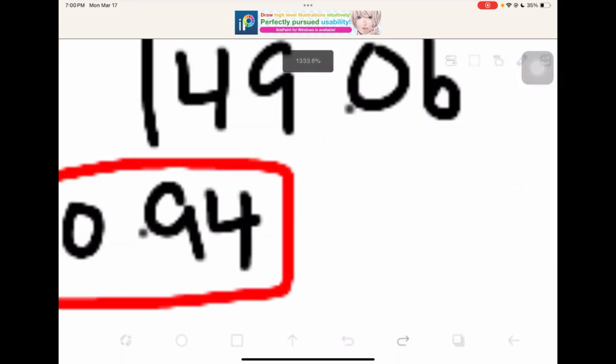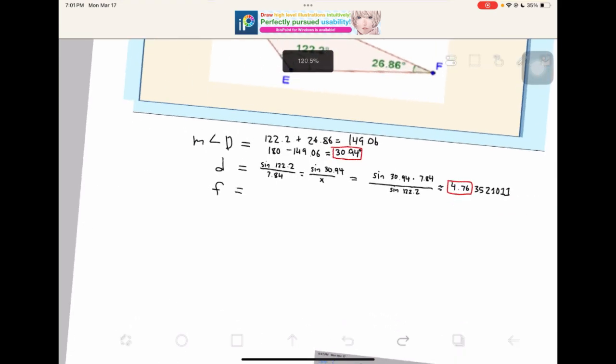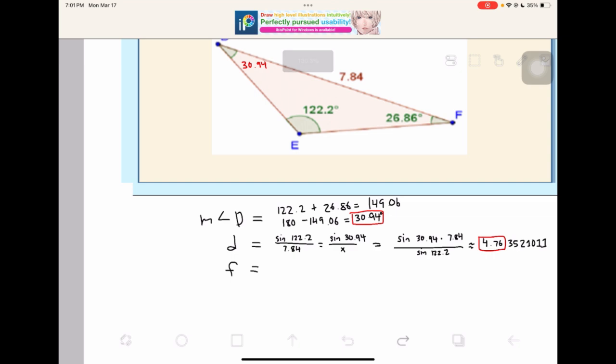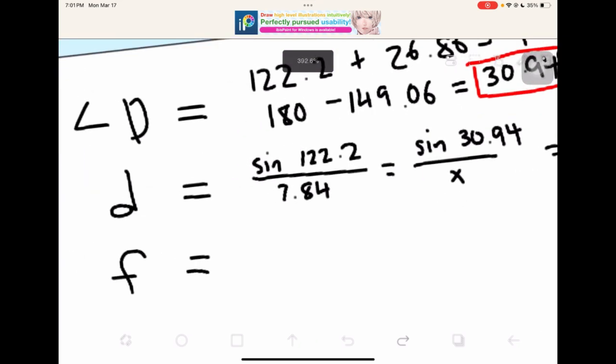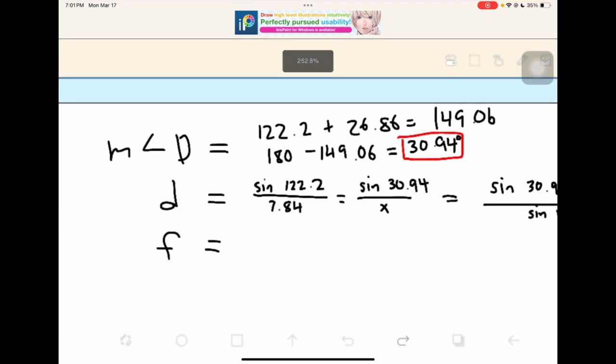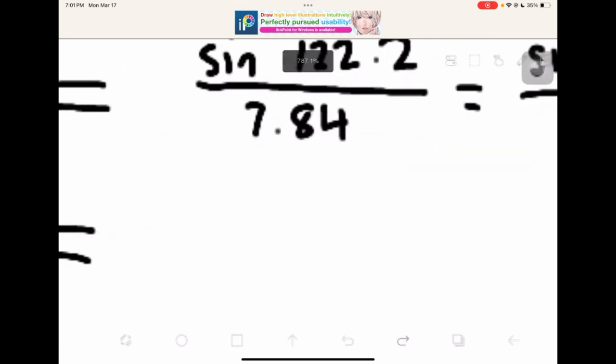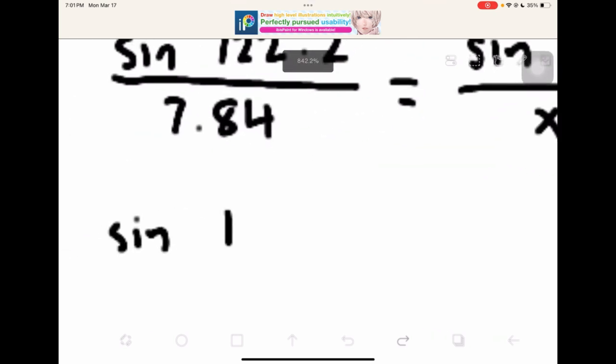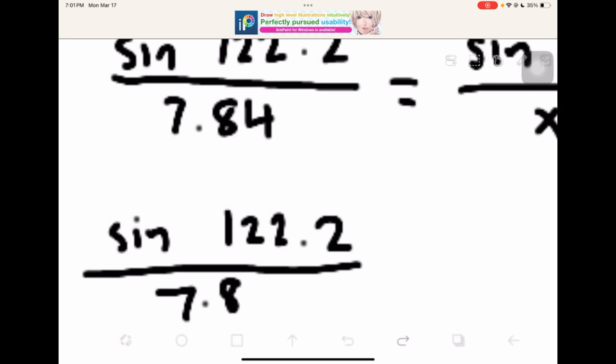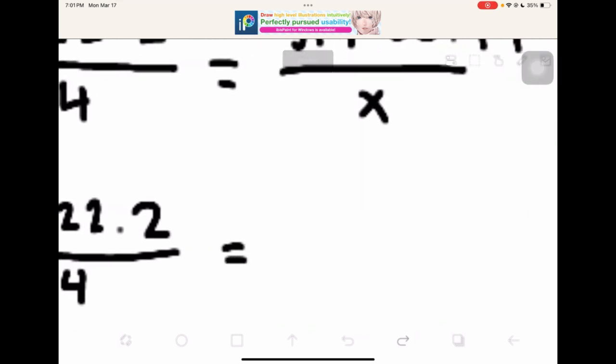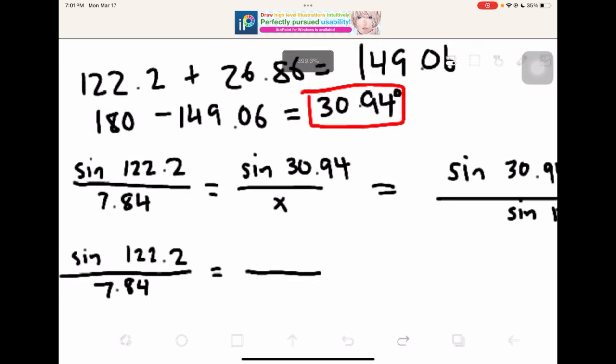Oh, sorry, degrees. Make sure to add degrees, guys. All right, let's apply the same logic with side F. Once again, just like last time, do not use estimated values, just use the given. So let's copy paste the sine 122.2 over 7.84 to ensure maximum accuracy, and then we just give out the values that we need.